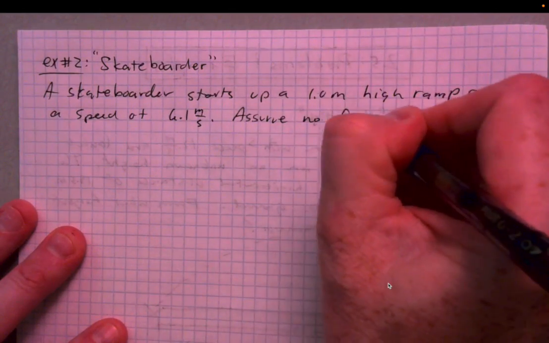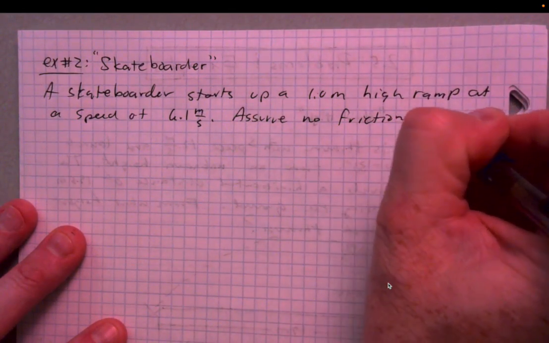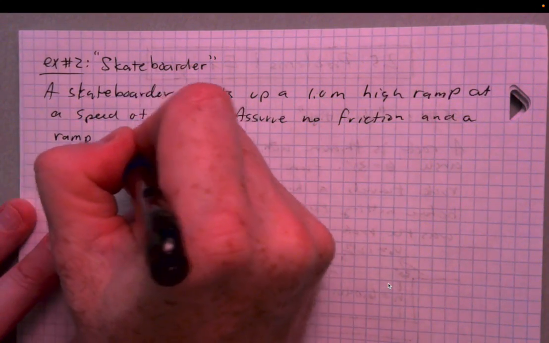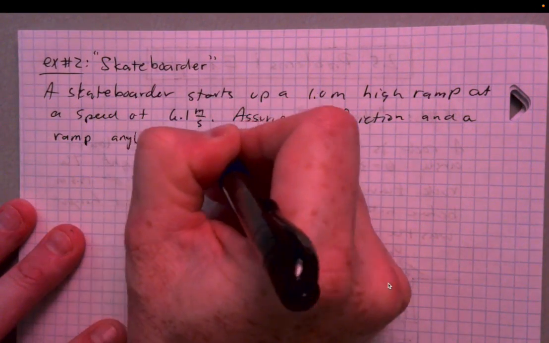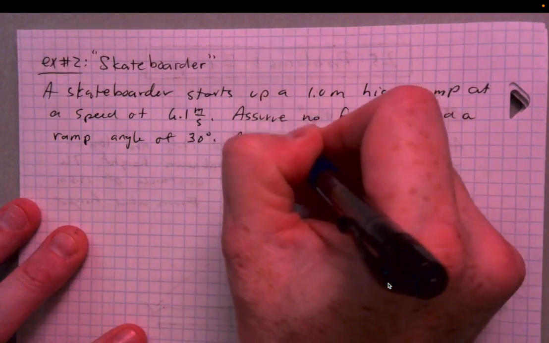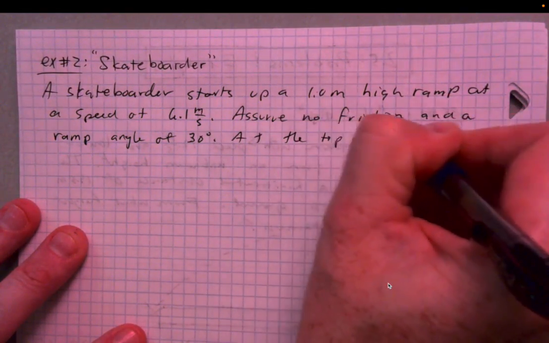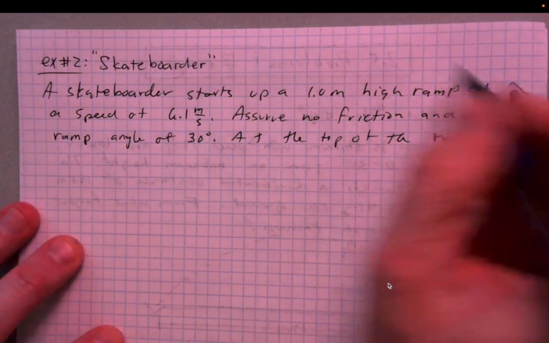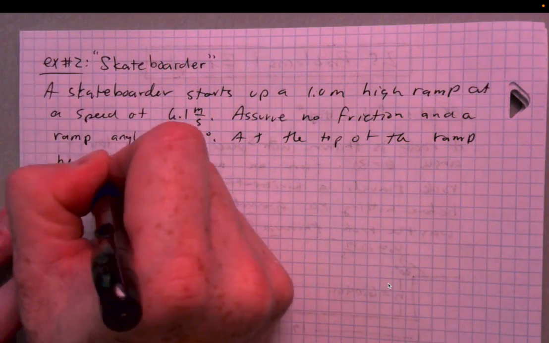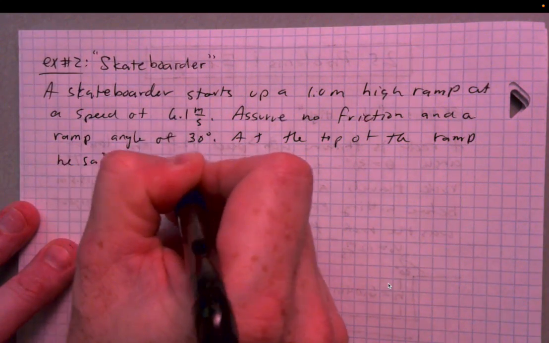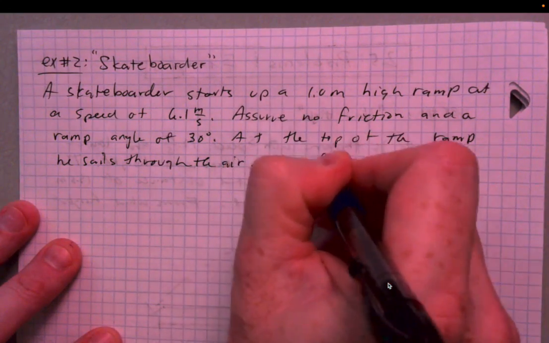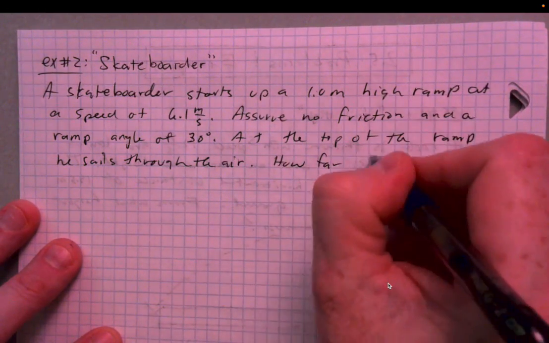Assume no friction and a ramp angle of 30 degrees. Now at the top of the ramp, he sails through the air. Question is, how far from the base of the ramp will he land?